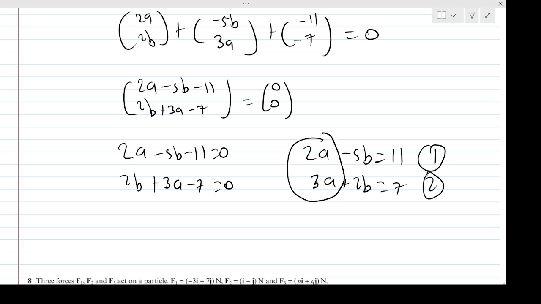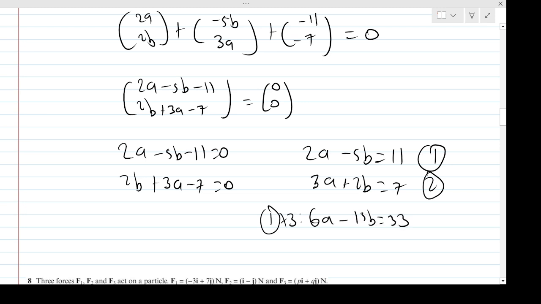Well, I notice 2 and 3, they both go into 6. So if I multiply the first equation by 3, I'm going to get 6a minus 15b equals 33. And then if I double the second equation, I'm going to get 6a add 4b equals 14.